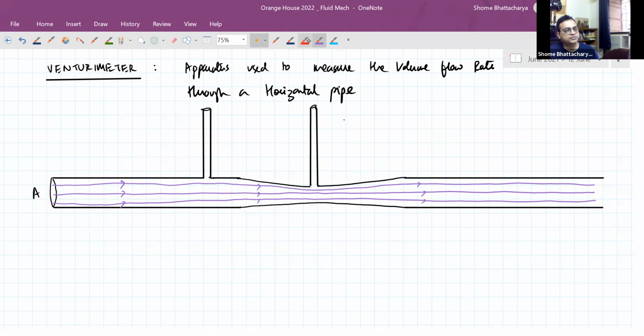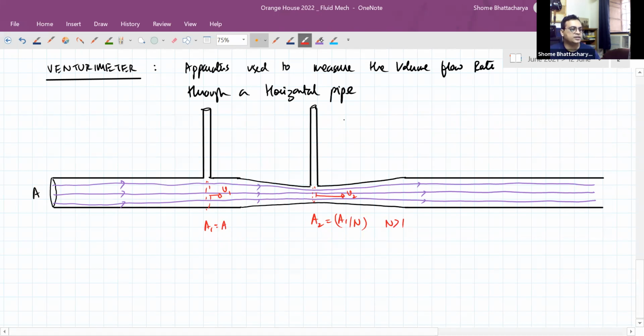The cross section here is lesser, let's assume it is A2 here, so the velocity of flow becomes more. Whereas in comparison, the cross section here is A1 and the velocity of flow is V1. So A2 is, let's say, A1 divided by N, where N is a factor greater than 1.